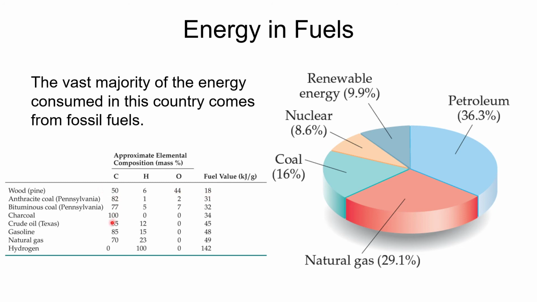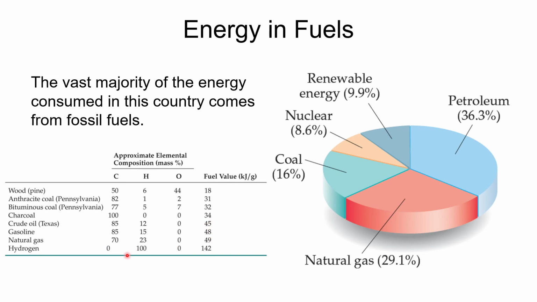If you go to things like charcoal or coal, they have a lot higher percentage of carbon in them, and so you get a lot more fuel value out of them. Crude oil, again, has a higher percentage of carbon in it, so you get a higher fuel value out of it. Interestingly, hydrogen is listed here.